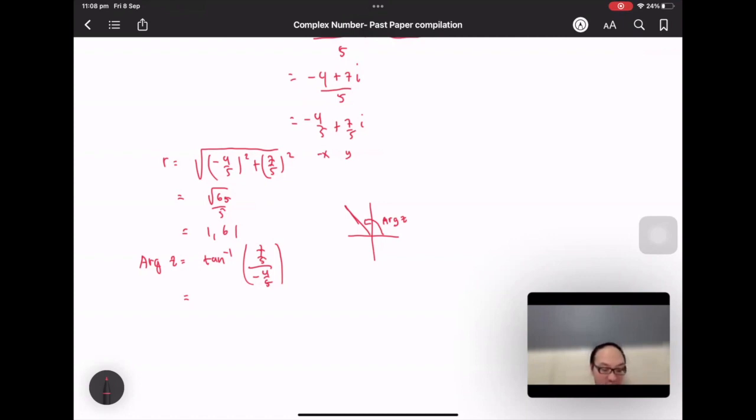So this is 1.0516. But since this is the second quadrant, so it's pi minus 1.0517. So equals to 2.09 radian.